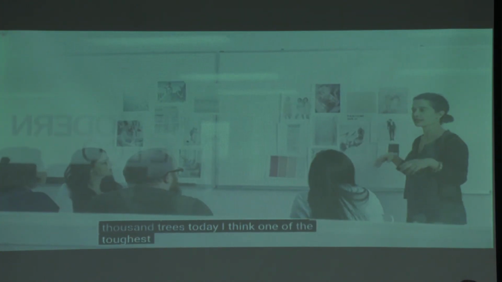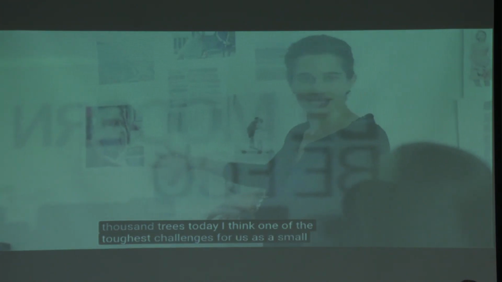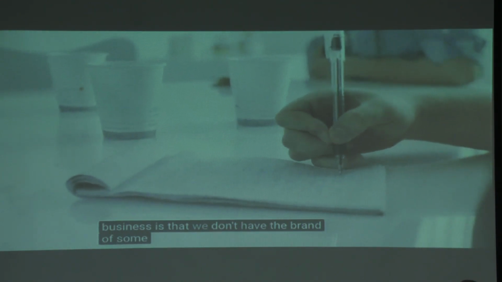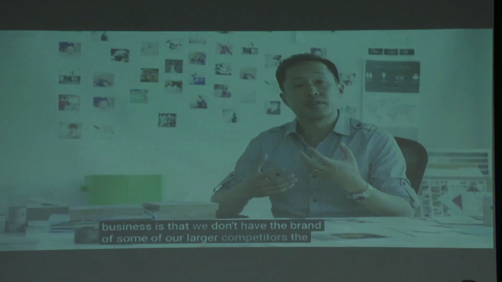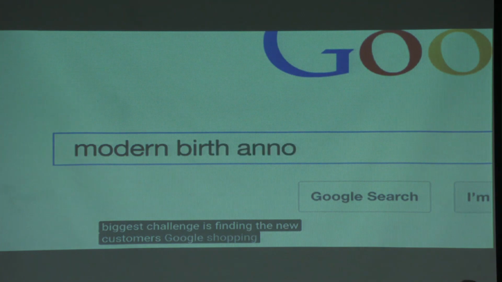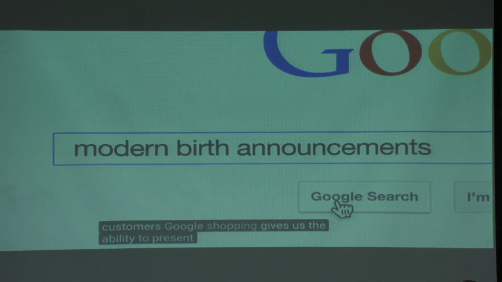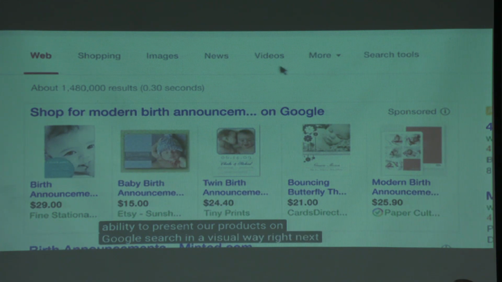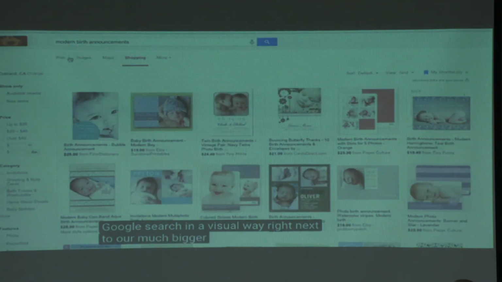I think one of the toughest challenges for us as a small business is that we don't have the brand of some of our larger competitors. The biggest challenge is finding the new customers. Google Shopping gives us the ability to present our products on Google Search in a visual way, right next to our much bigger competitors.